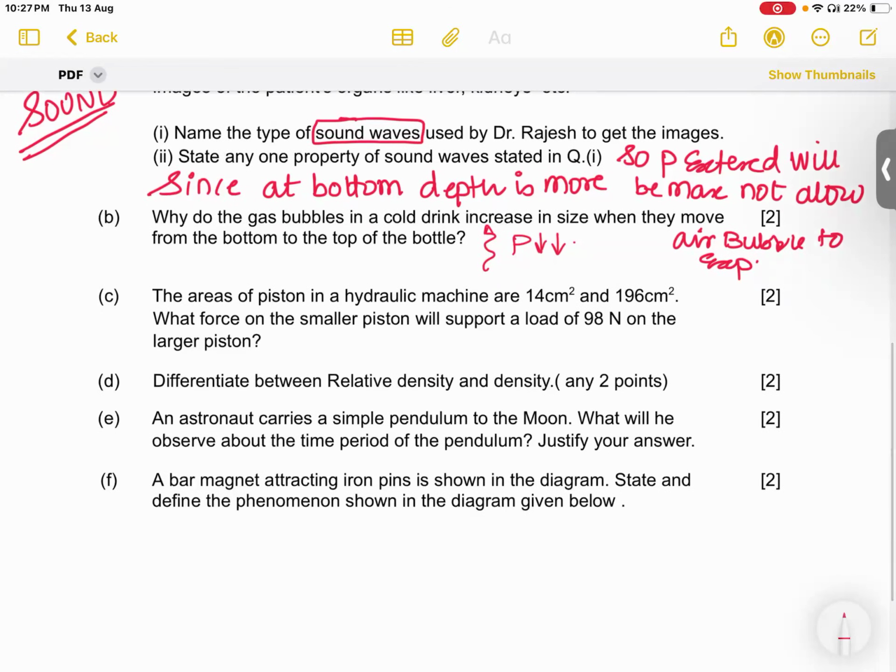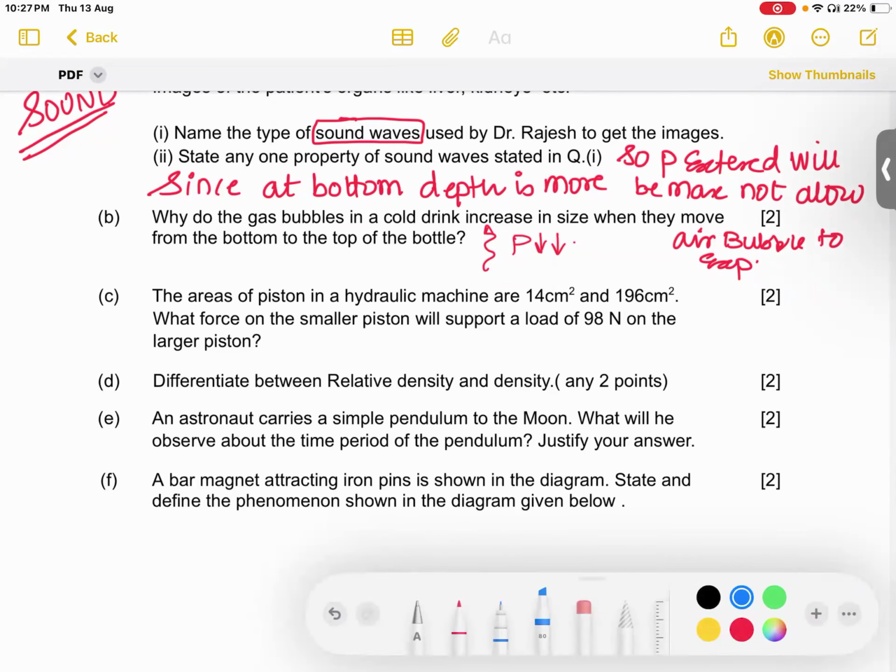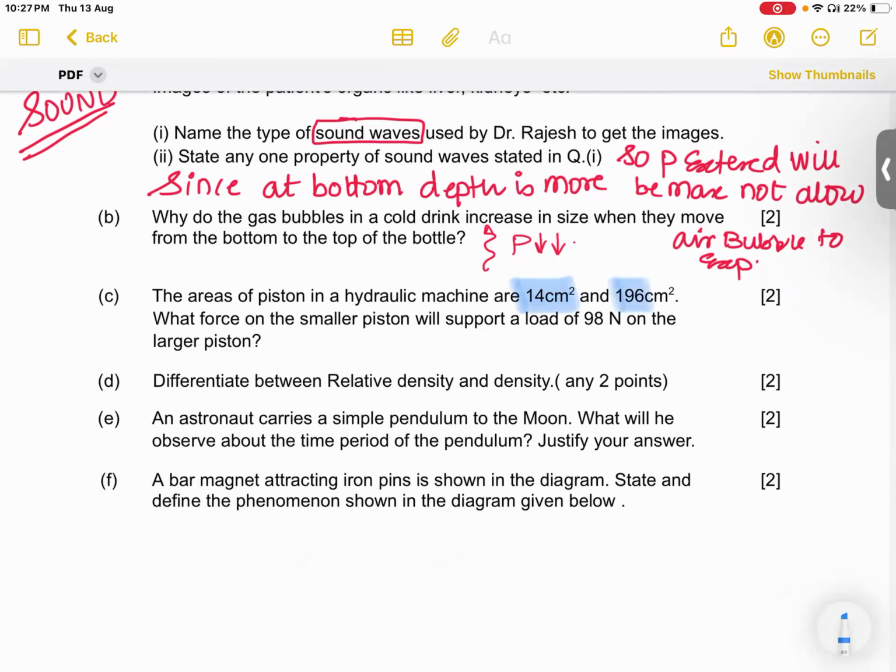The next question: the areas of the pistons in a hydraulic machine are given to us. The first area is 14, the second area is 196. What force on the smaller piston is supposed to be exerted if a load of 98 is on the larger piston?